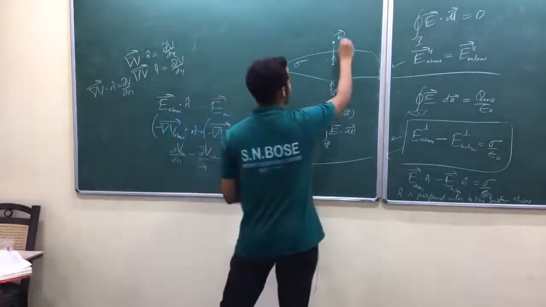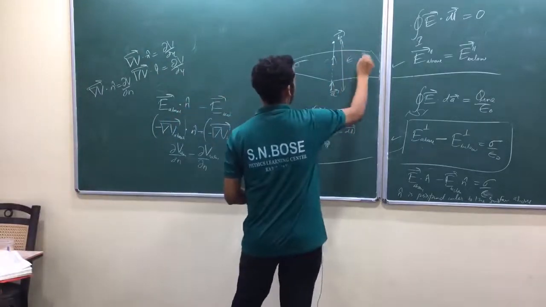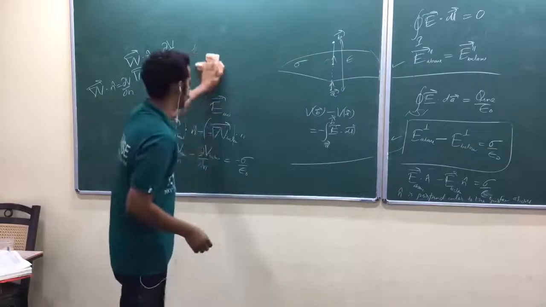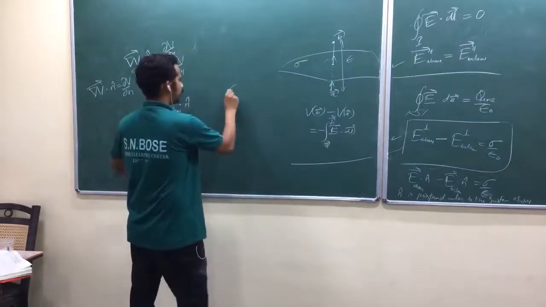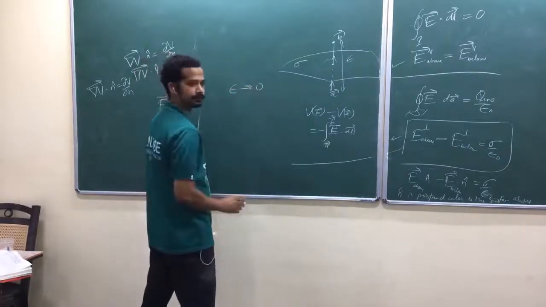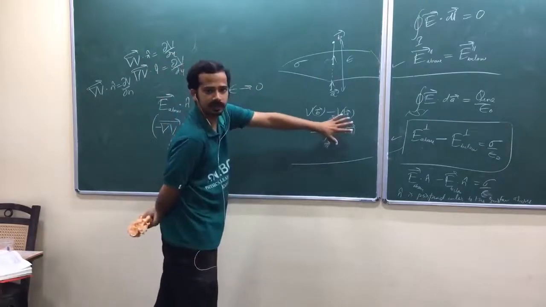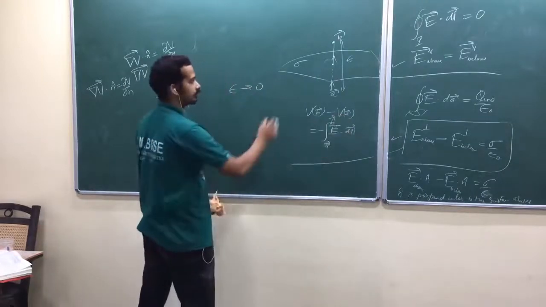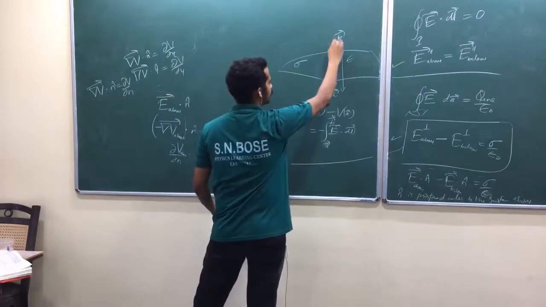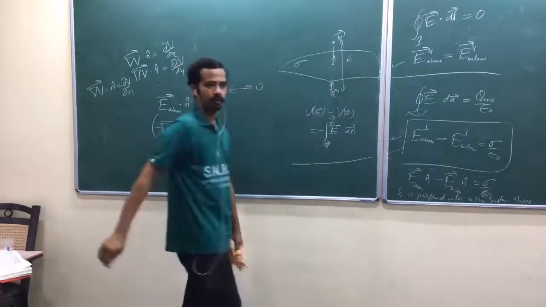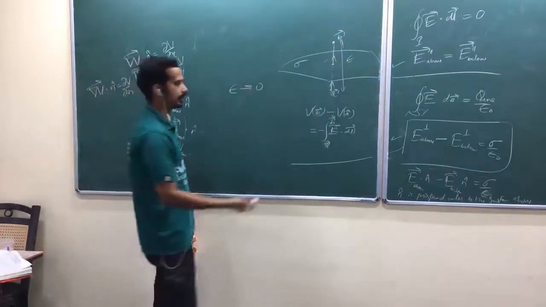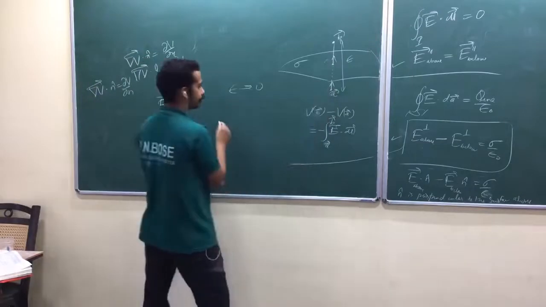Or let me take this distance as epsilon, and I'll make epsilon tend to 0. When you do that, what would happen? This line integral is 0. When epsilon tends to 0, this B point comes closer to the surface above, and this A point comes closer to the surface below. That's why VB becomes V above, VA becomes V below.